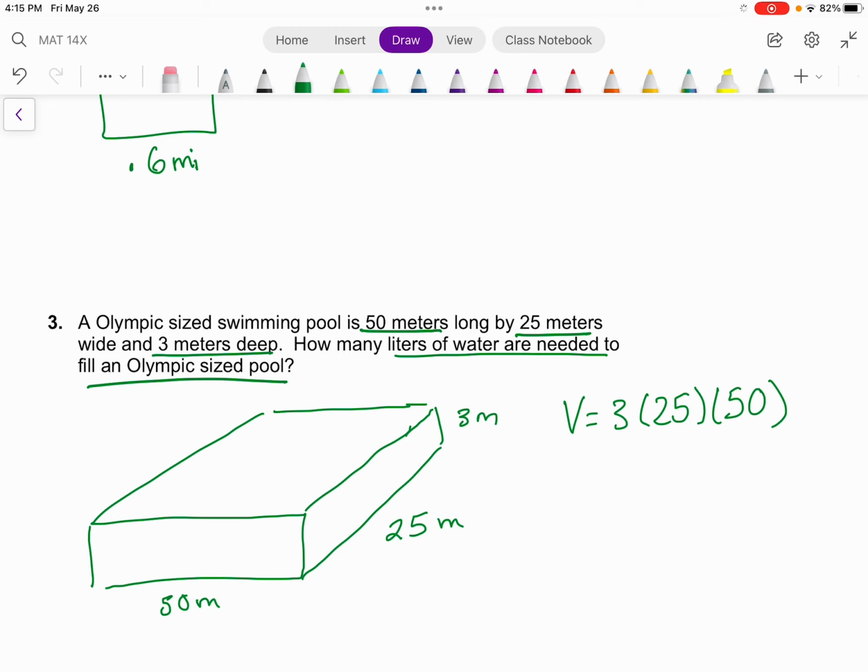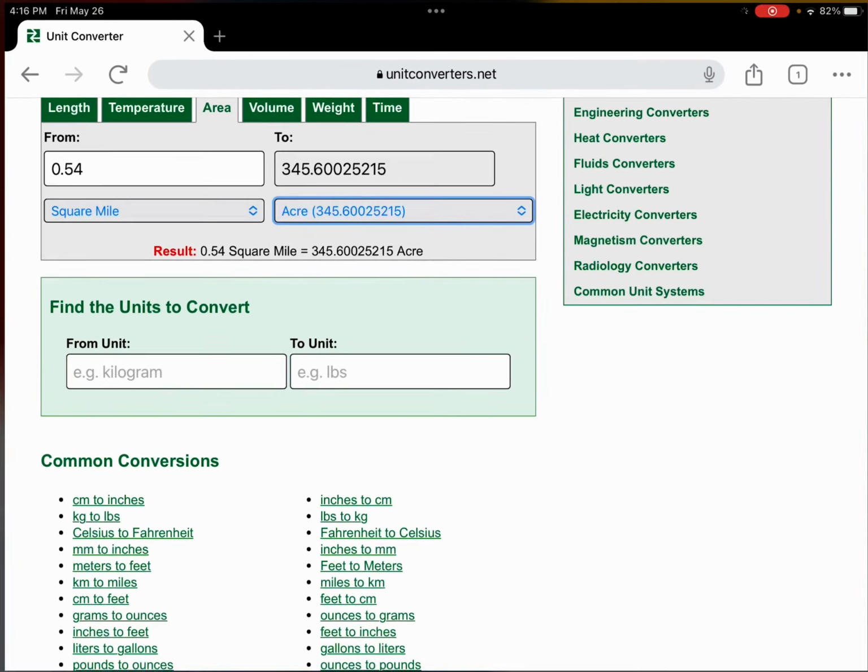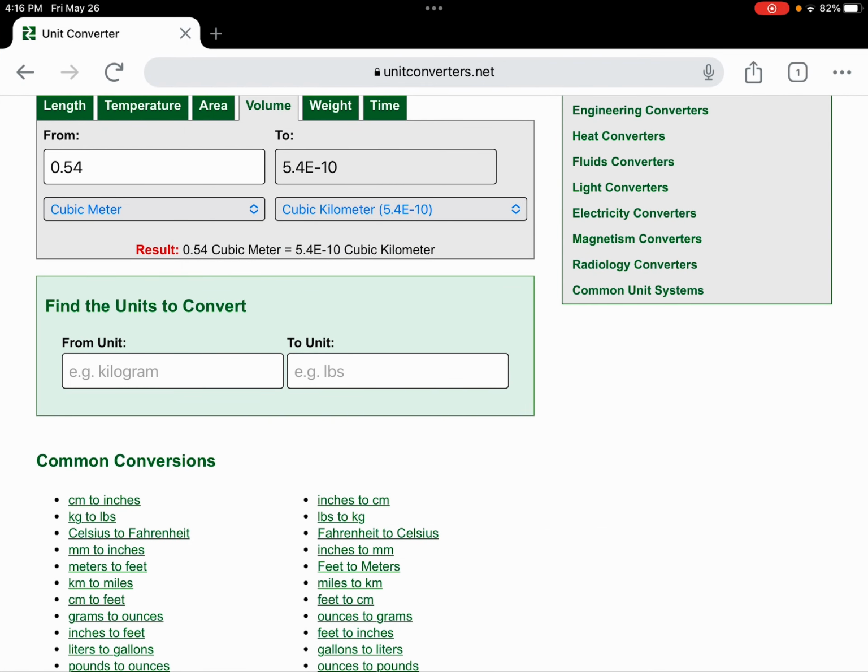So the volume in cubic meters here would be 3,750 cubic meters. And now, again, just like with some previous problems, I want to convert it into liters. I'm going to go over to my unit converter calculator, go to volume. So I'm going to have, I want to go from cubic meters to liters.